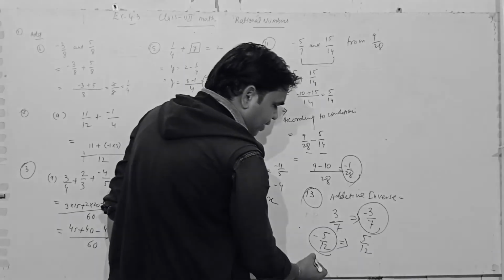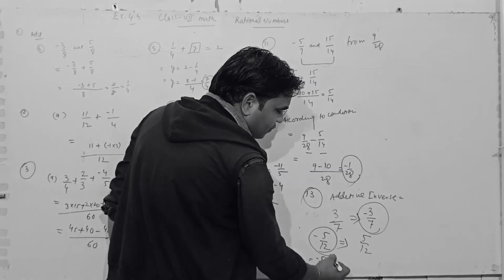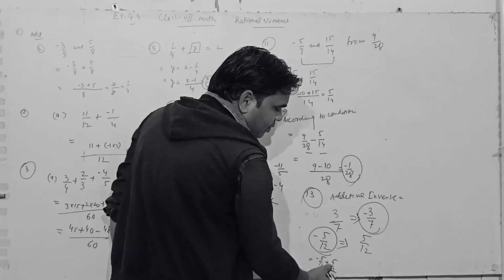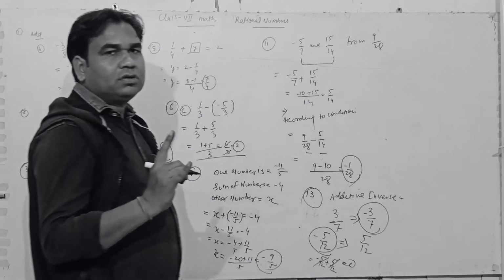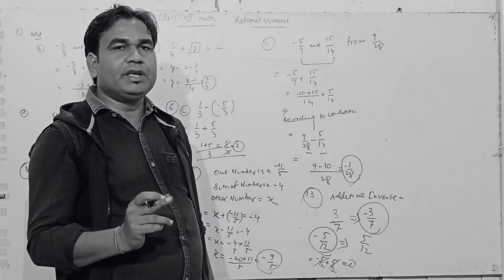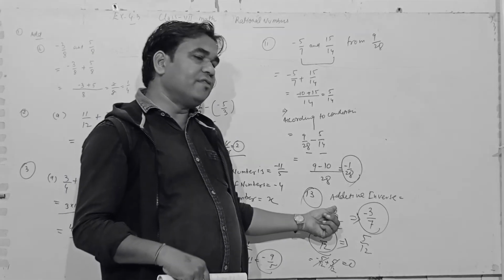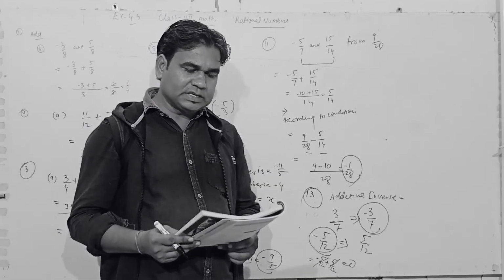So let me see here, minus 5 over 12 plus 5 over 12. It means to say here we find 0. So the given number with the opposite sign is the additive inverse. In the same way you can do all parts.